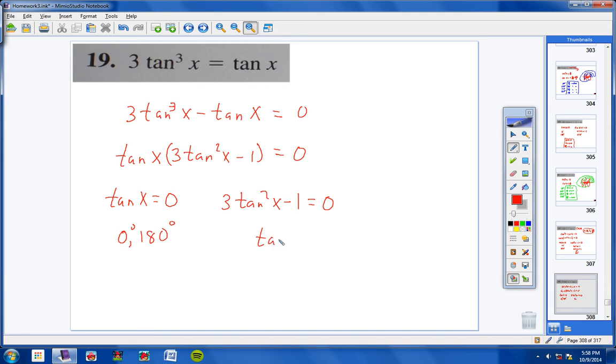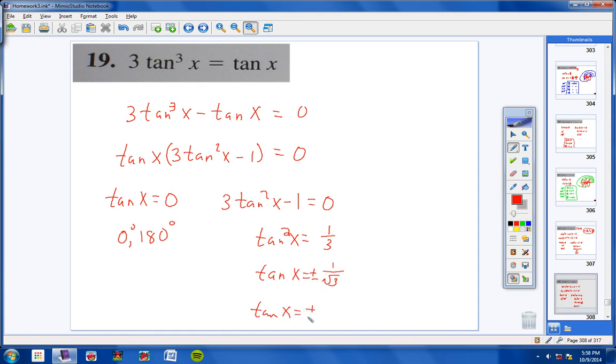So I would have tangent squared x equals, bring the 1 over and make it positive, and then divide both sides by 3 to get 1/3. Now take the square root of both sides. The square root of tangent squared is tangent. Square root of 1 is 1. Square root of 3 is square root of 3. Plus, minus. Okay, now let's rationalize this side over here.